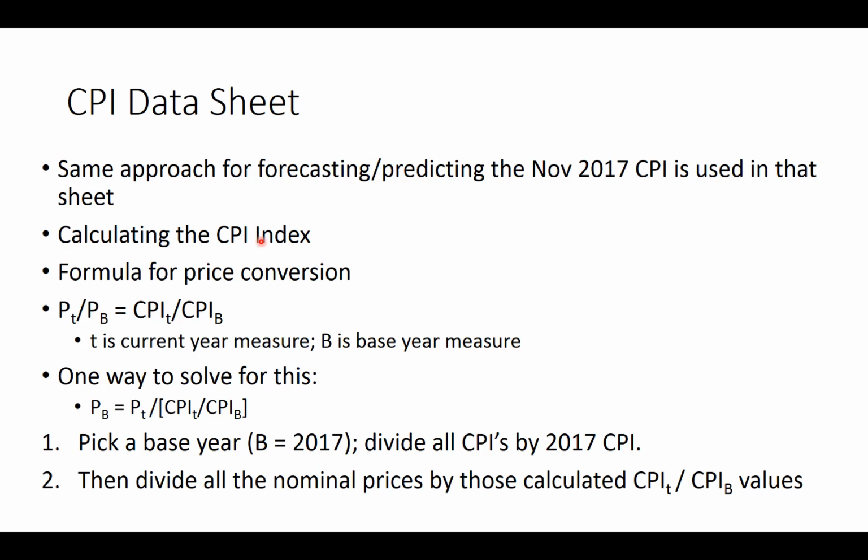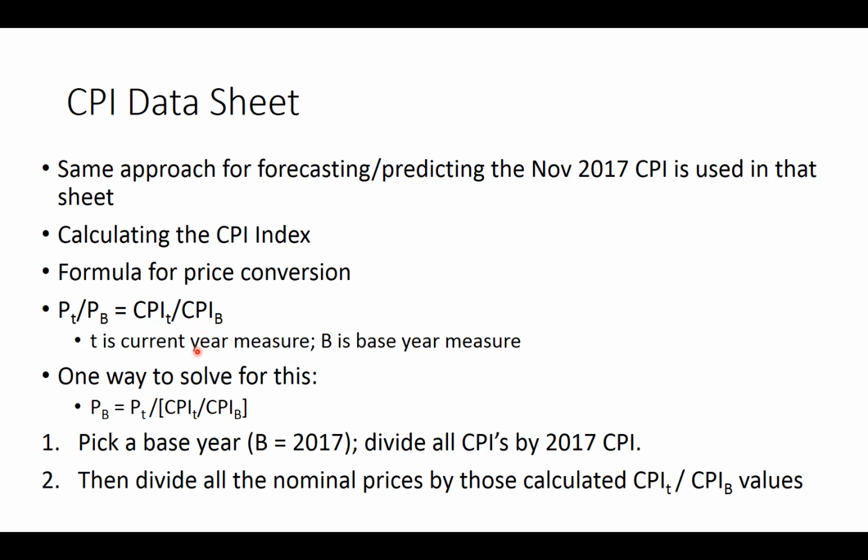So the price relationship, or the formula that we use to convert nominal prices to real prices, is fairly simple. So CPI is a true measure of the general price level, and so the right hand side of this expression here, which says nominal over the base year price of whatever good you're looking at, is equal to the nominal versus the base year CPI.